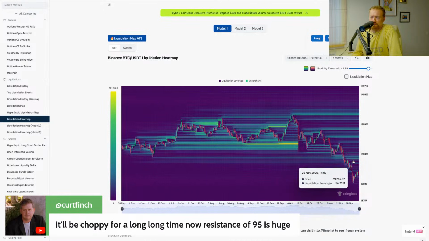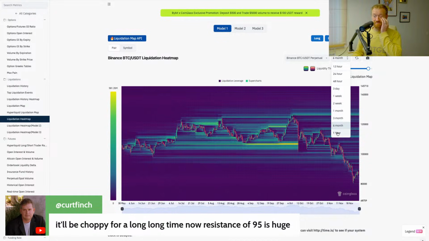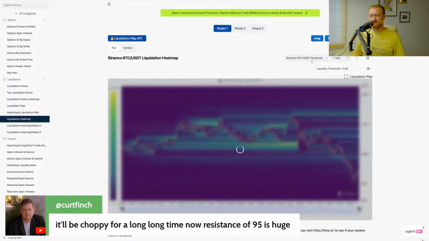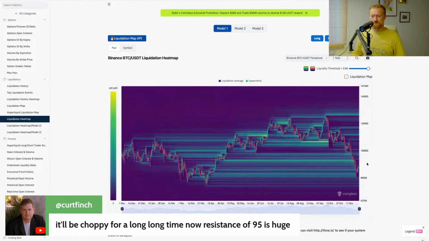It's not as helpful, actually. Probably need more of a subscription to see this better, but most of the leverage was taken out here. Back in start of October.